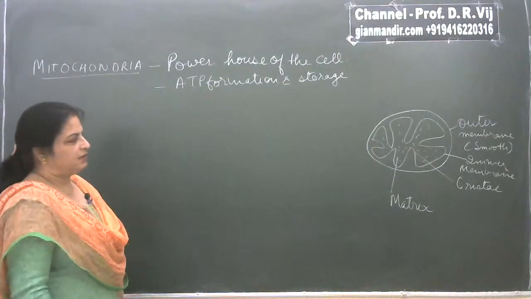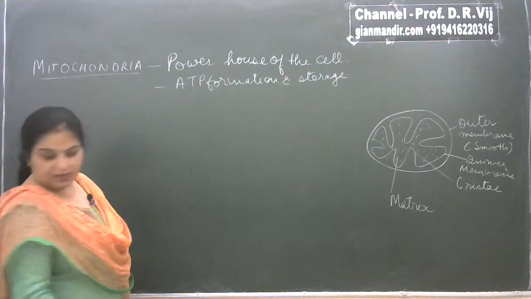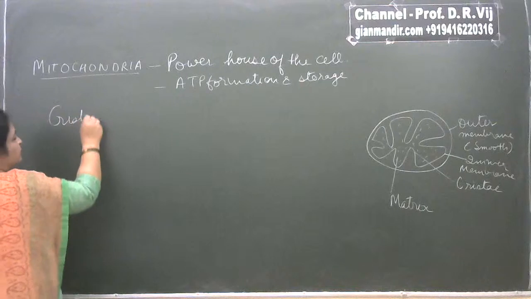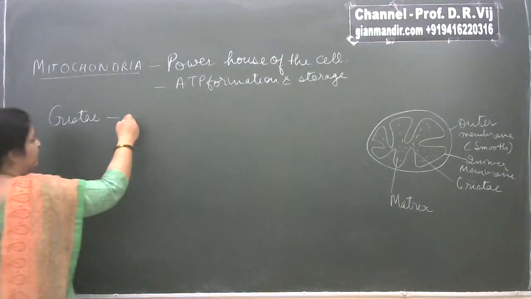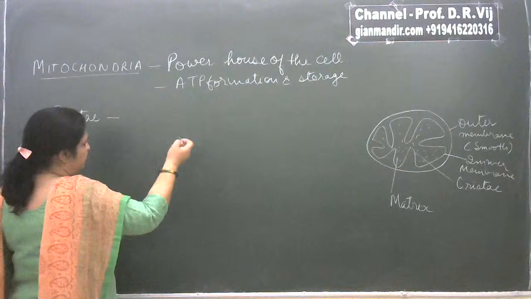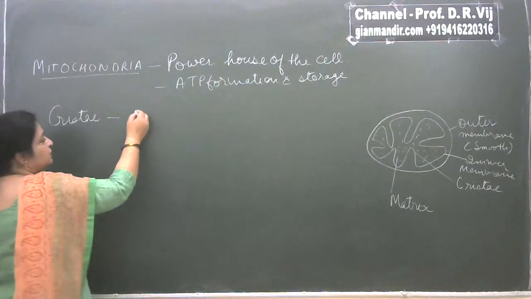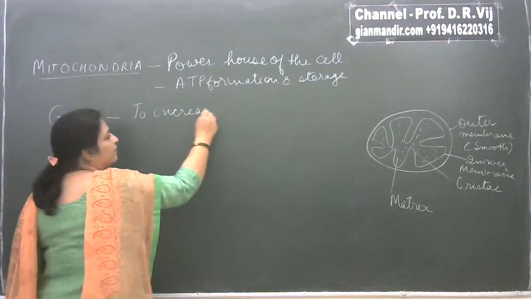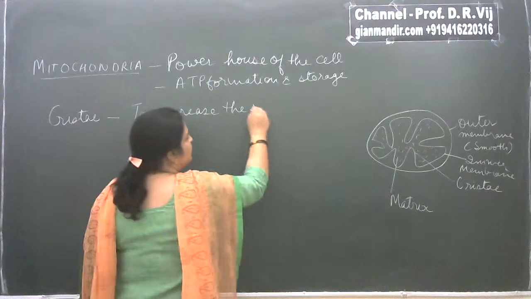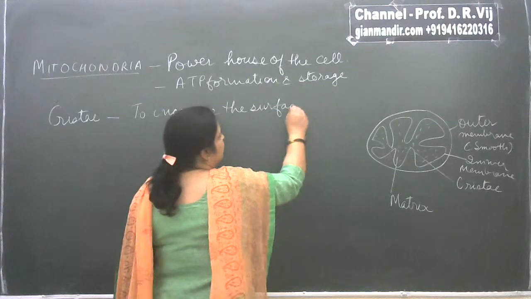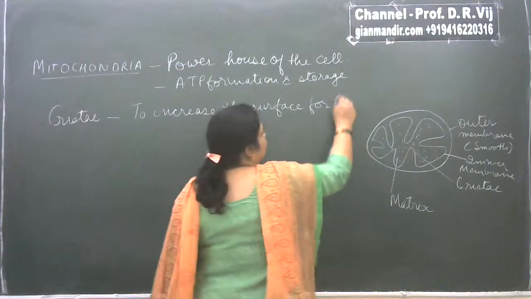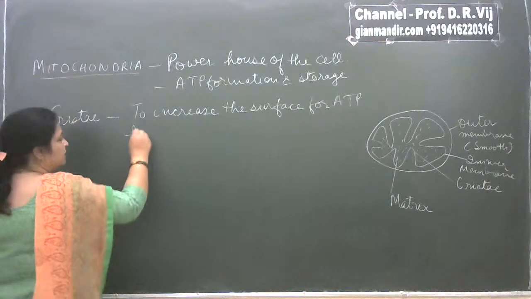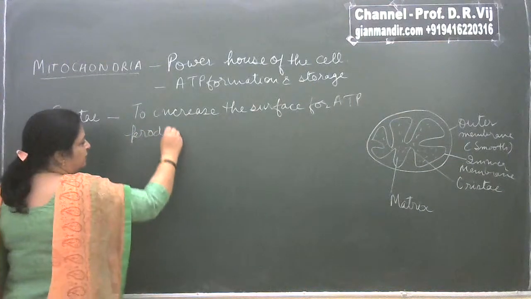If you look at the functions of each component, first of all, let's look at the function of cristae. As you can see, due to folding, the inner surface of the mitochondria increases. The function of cristae is to increase the surface for ATP production and storage.